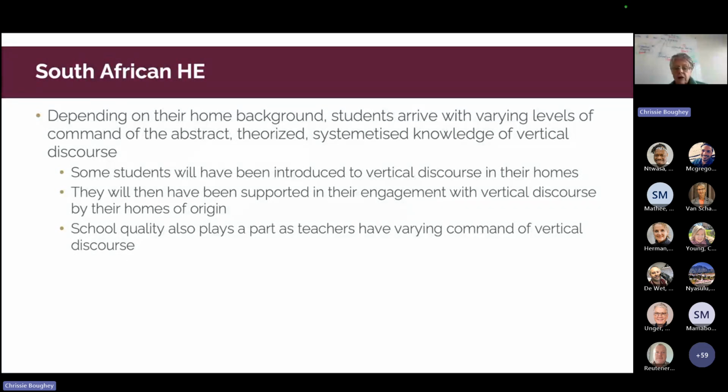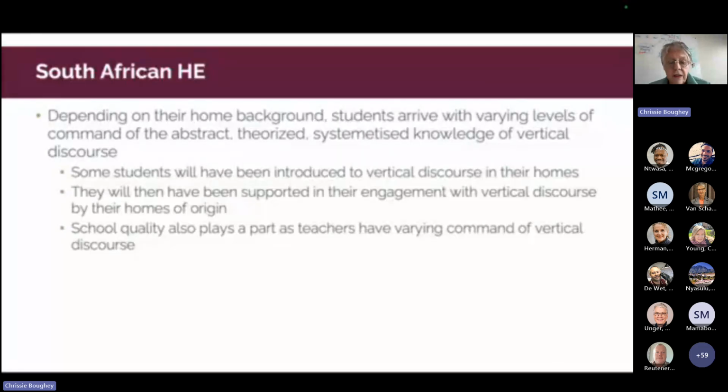And of course, the school quality would also play a part, as depending on the school, teachers have varying command of vertical discourse. So think about students in your classes at Stellenbosch. They've had very different experiences before they came to the university. Their homes have been very different. They've been to different kinds of school. Some have been very privileged, others haven't.